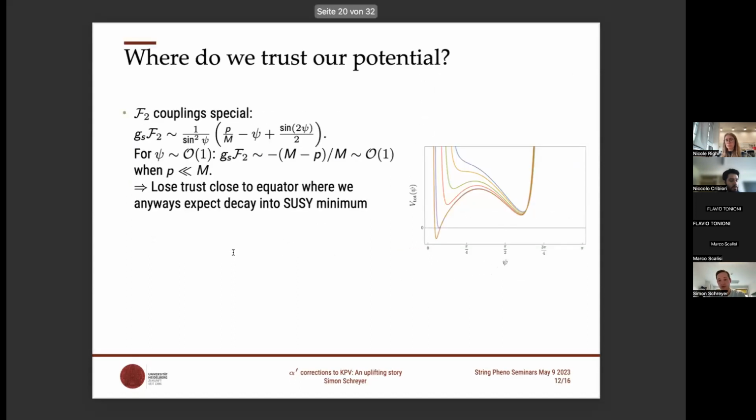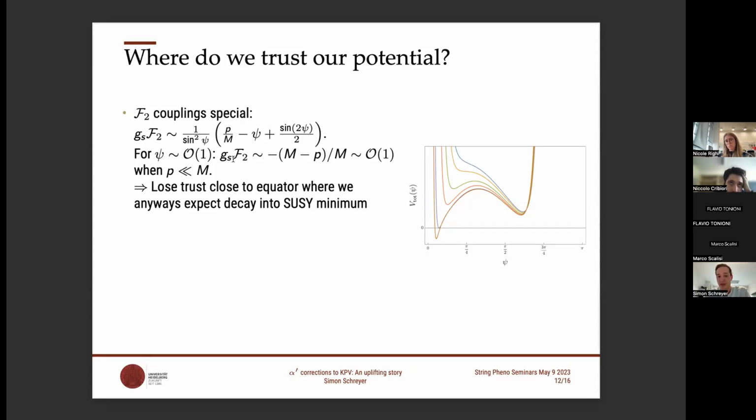But we have seen already that the potential has some peculiar features. It is divergent at psi equals 0 and at psi equals pi. So it would be very interesting to discuss where we actually trust this potential. First of all, the F2 couplings are very special because they scale like this here. If psi is order 1, then this 1 over sine squared psi is order 1, and also this term here is order 1. That means that if psi is order 1, these GSF2 couplings scale like a minus m minus p over m.